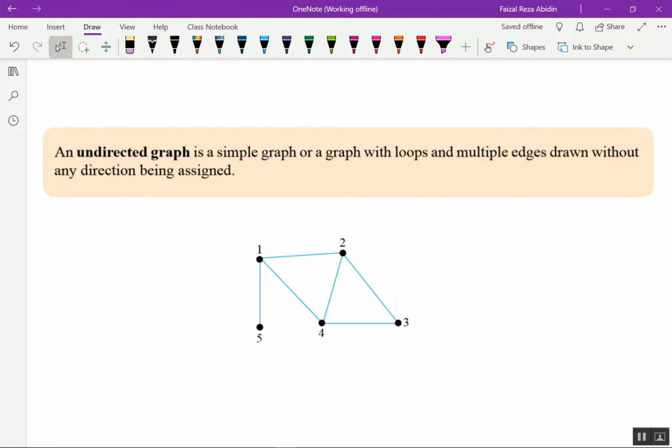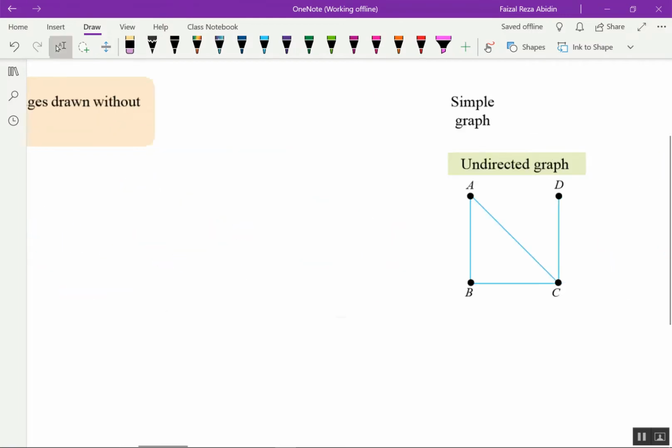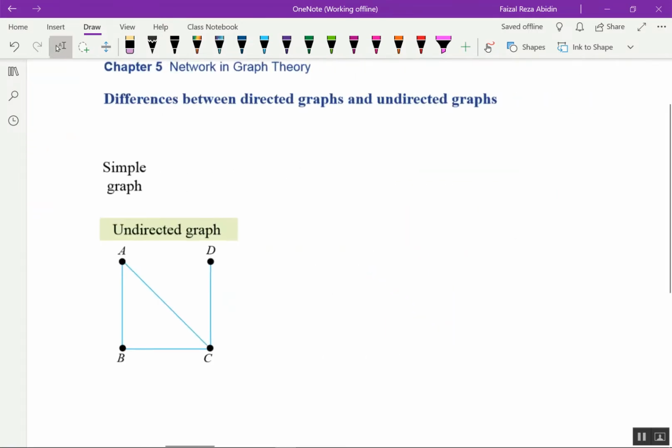Normally we just name the edges like this: 1 5, 1 2, 1 4, 2 4, because in an undirected graph we don't have any arrow or any direction.